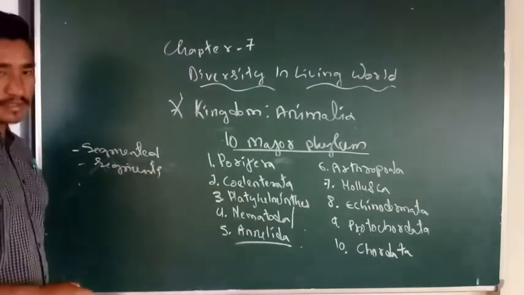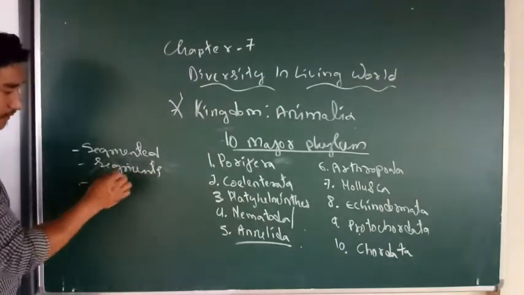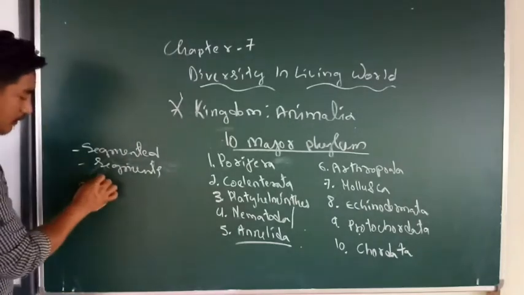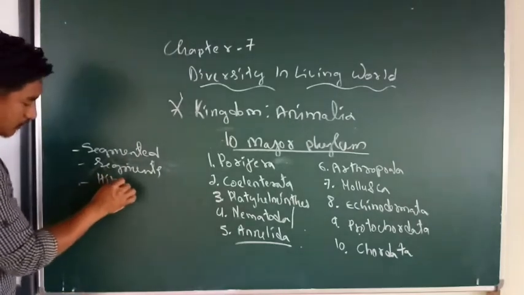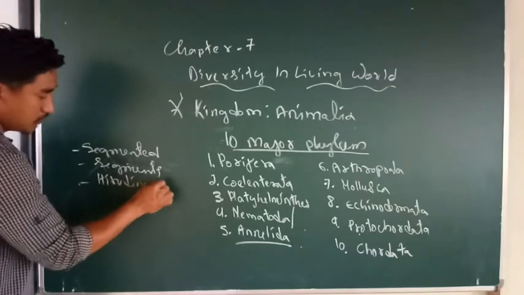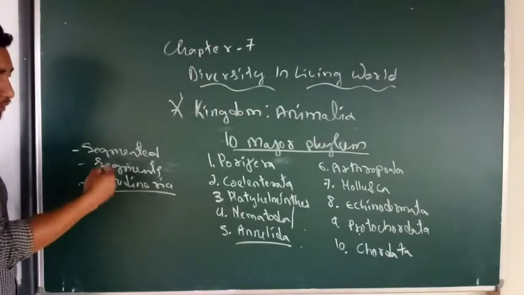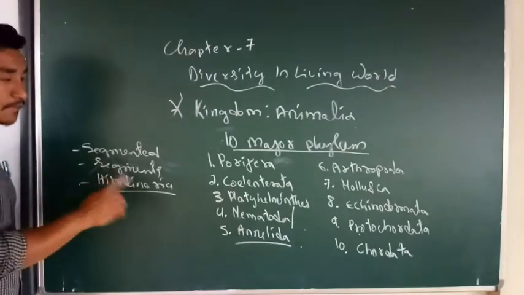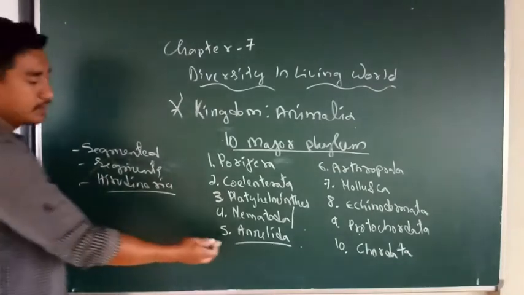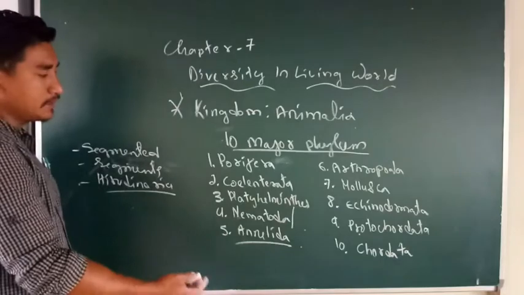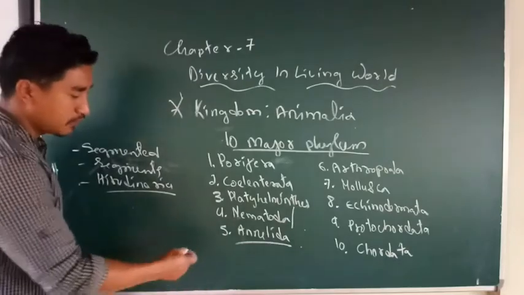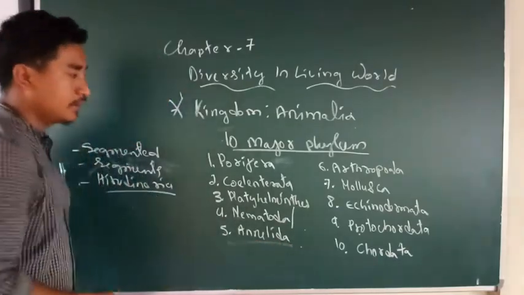An example of Annelida is Hirudinaria, the scientific name of leech. Another example is Pheretima, whose common name is earthworm.